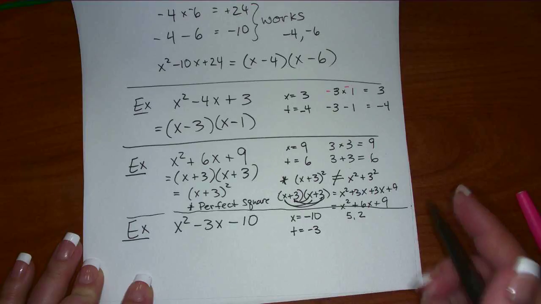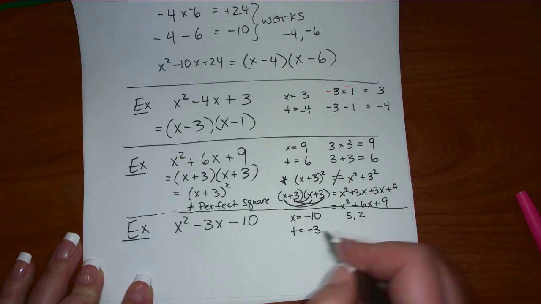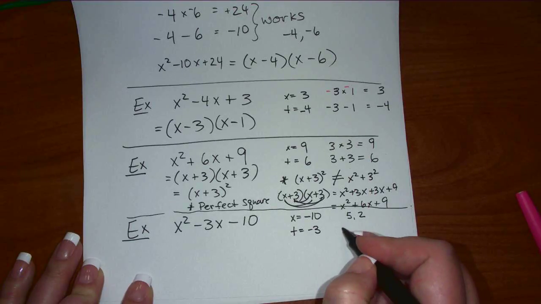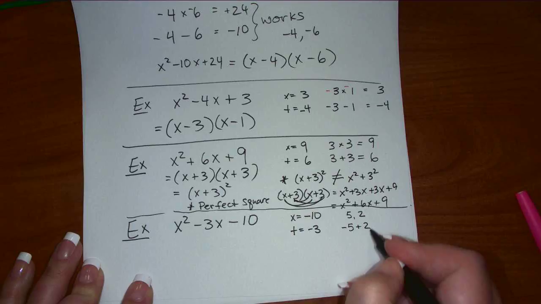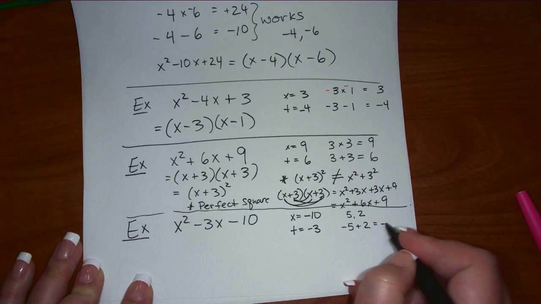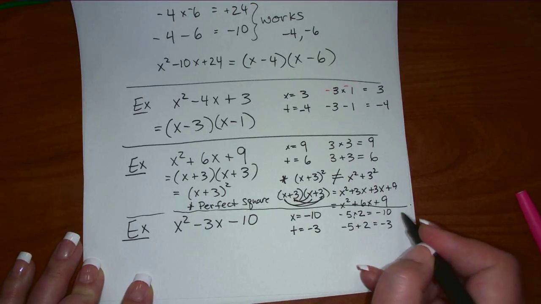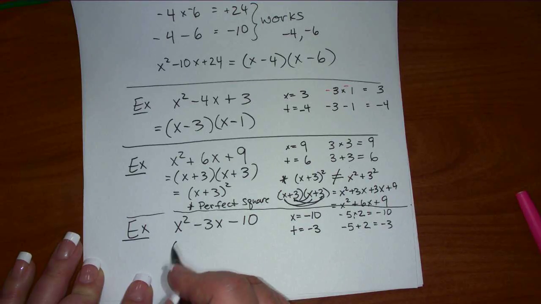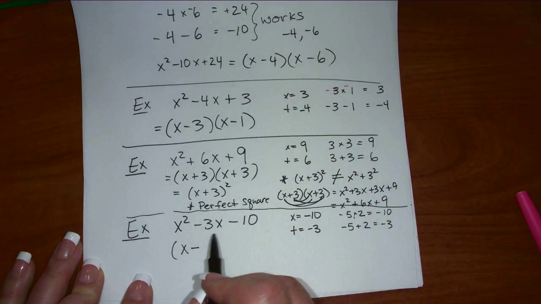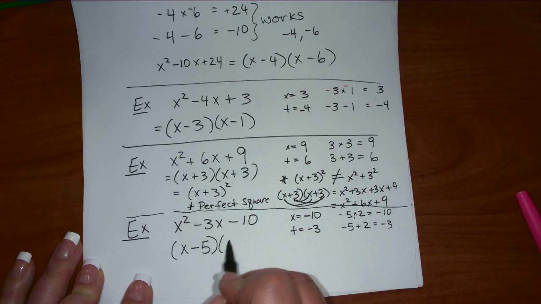So how would the signs have to be to give a -3? -5 plus 2. That'll be more negative. And -5 times 2 gives me -10, so that works. -5 and plus 2.